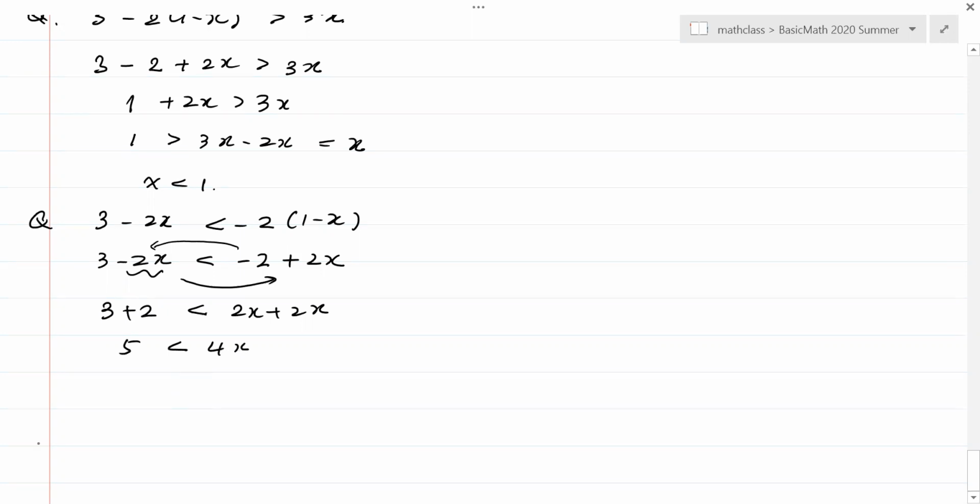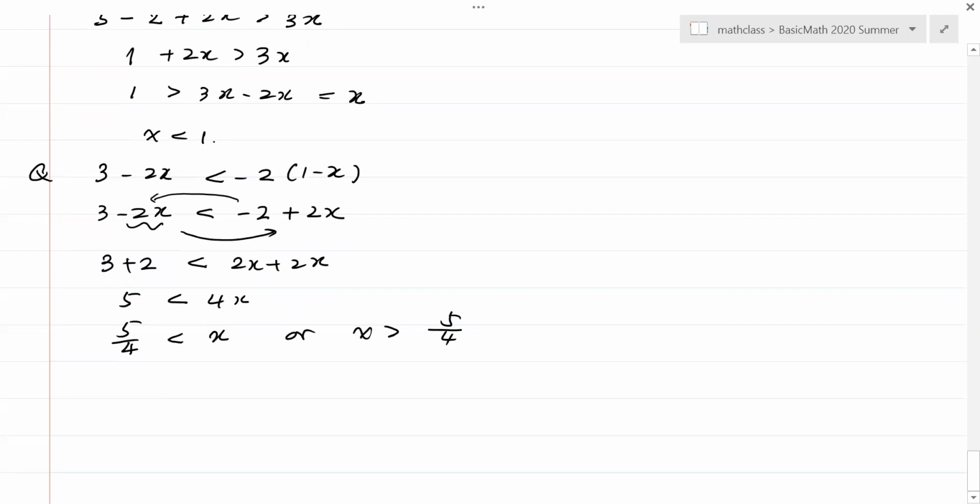If 5 less than 4x, then you divide both sides by 4. So x is greater than 5 over 4. Okay, so that's great.